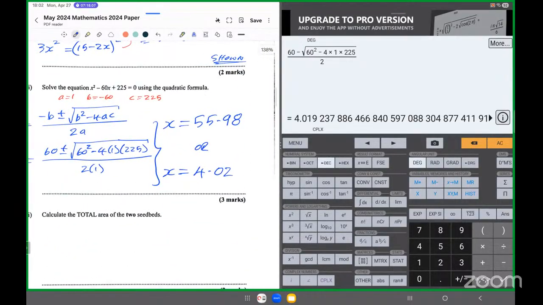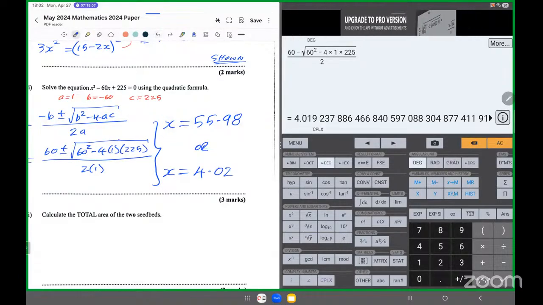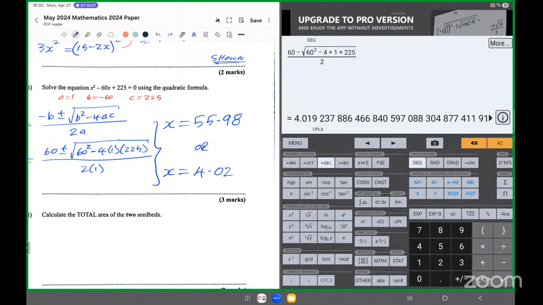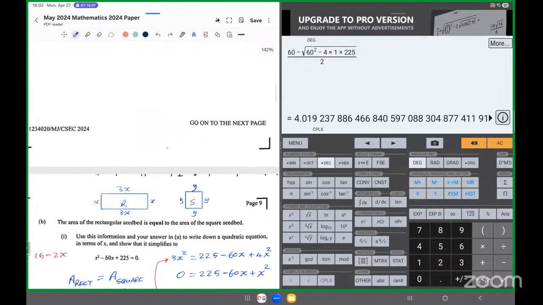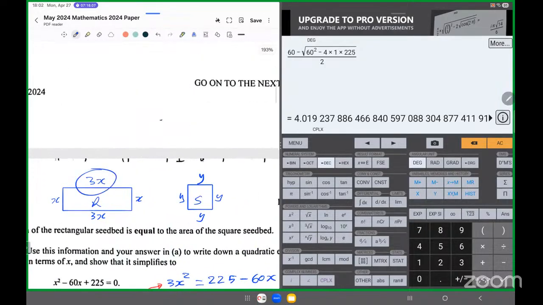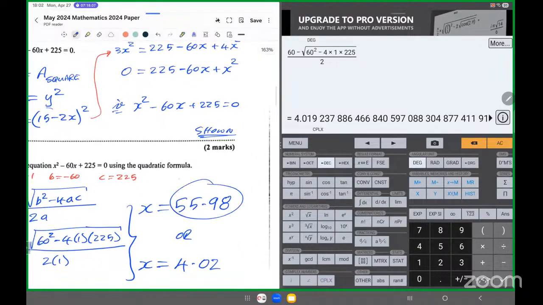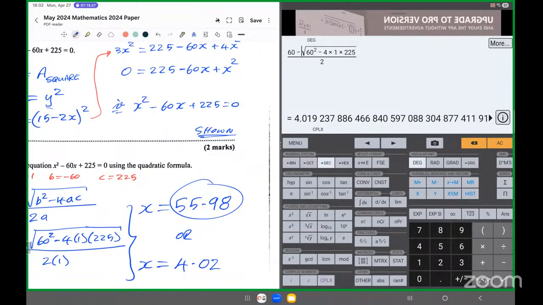But what happened now? This answer is not valid. Because remember, the total length of the fence was 60 meters, don't it? And one side of this rectangle is 3 times x. 3 times 55 is already over 150, and we only had 60 meters of mesh. So this cannot be a valid answer.